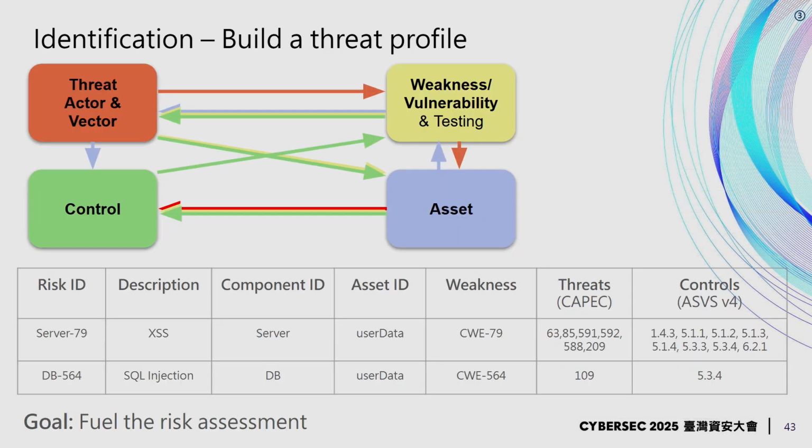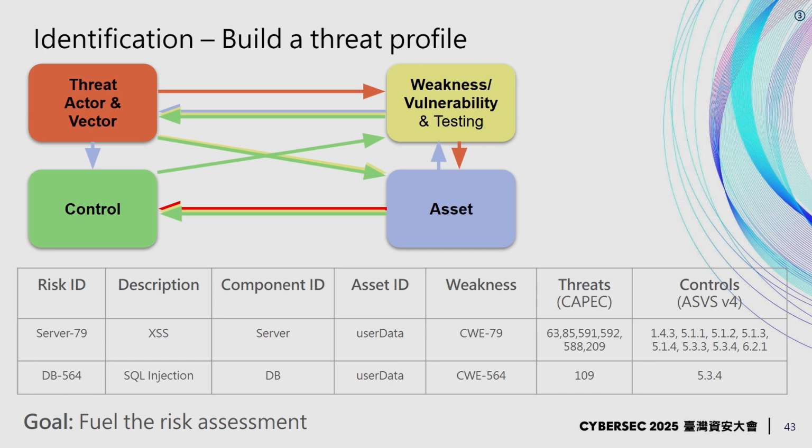Okay. Regardless of the order, the goal is to build a full risk profile. The point of the risk profile is later to be able to justify the input into your risk assessment.